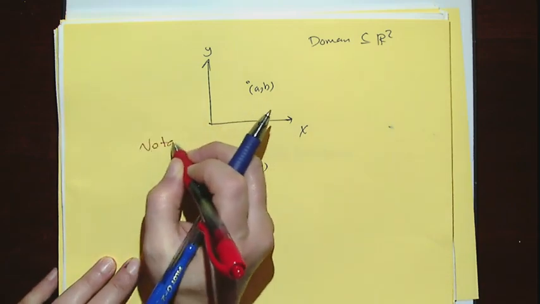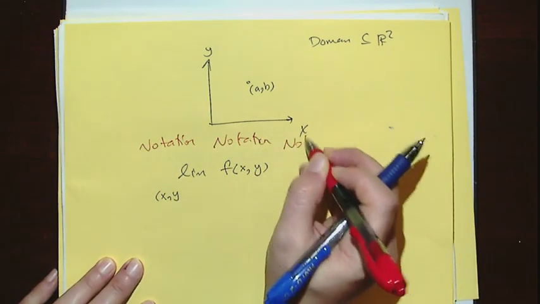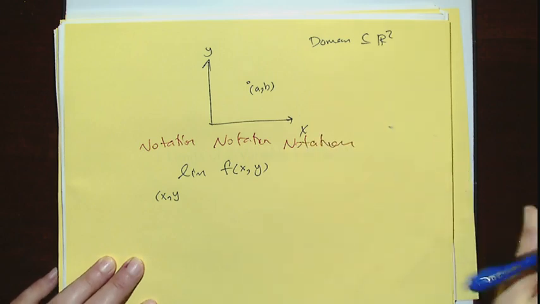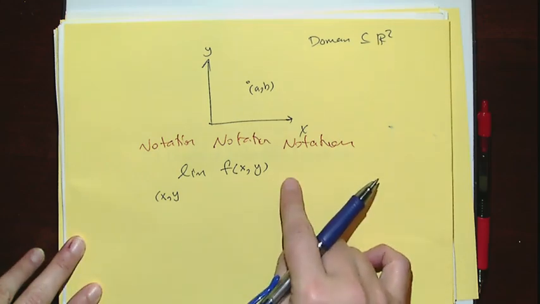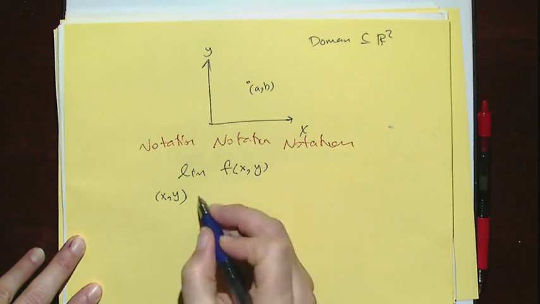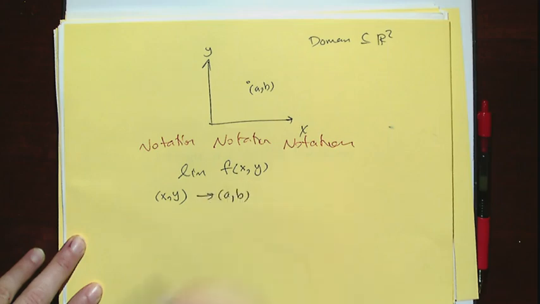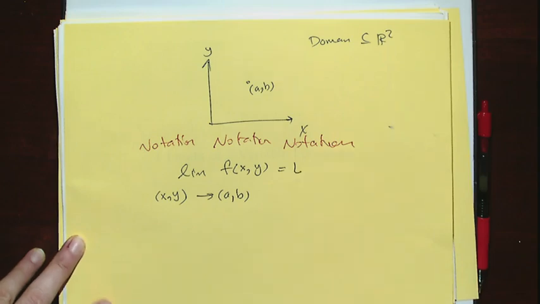Notation, notation, notation. I have a function of two variables. The input is approaching (a, b). Then I will have L.